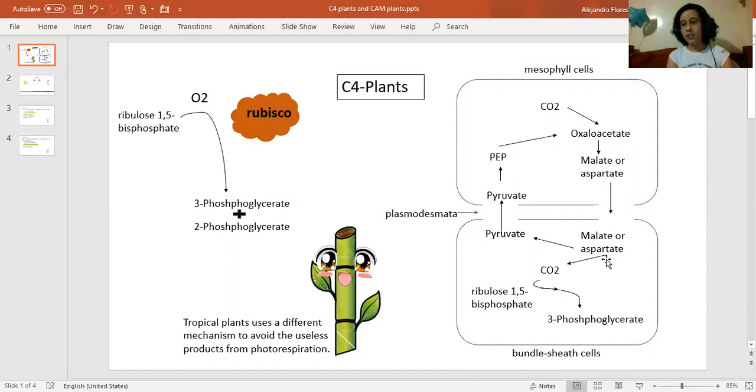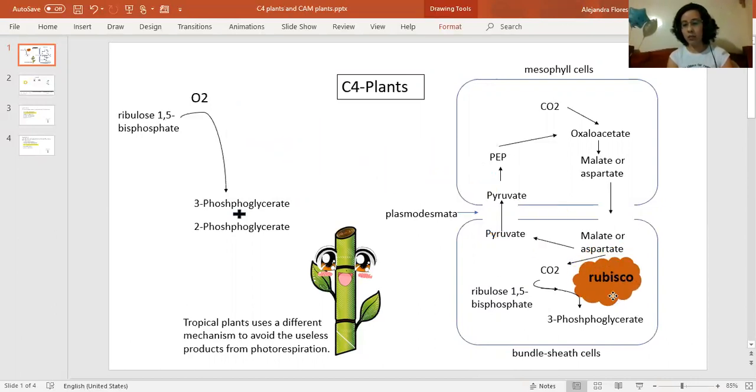So when the CO2 gets here, it's higher in amounts, so it's more likely that the CO2 is gonna be fixated instead of oxygen. And after this part is the regular Calvin cycle, in which Rubisco catalyzes the fixation of CO2 into ribulose 1,5-bisphosphate, yielding 3-phosphoglycerate instead of this useless product, 2-phosphoglycerate.